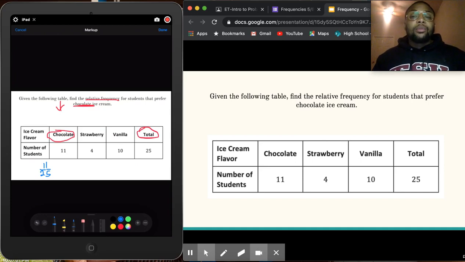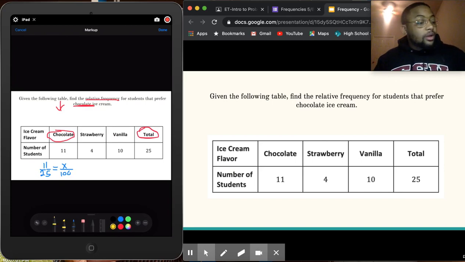Now, when we have proportions or relative frequencies, we want to write them in decimals and percents. So to convert this into a decimal or percent, percent meaning per 100, I would set this equal to some number over 100. And now I have to find that number.